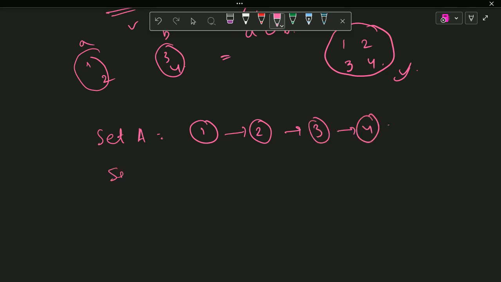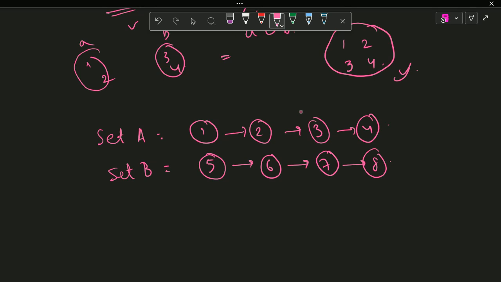Set B is 5, 6, 7, 8. This is the concept, my dear friends, please understand how to find the union. If they ask us to find the union of 4, comma, 8, we should join these two elements, 4 and 8.